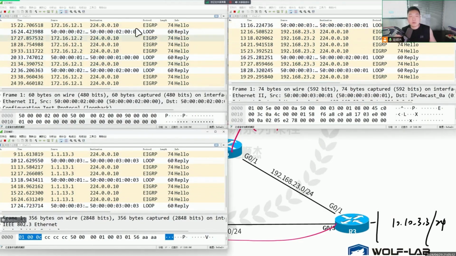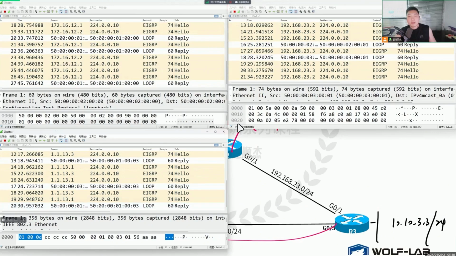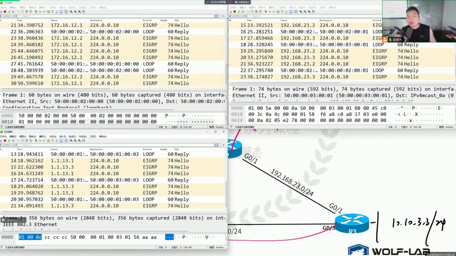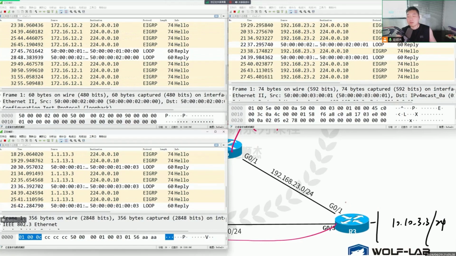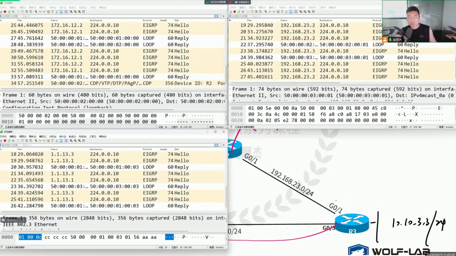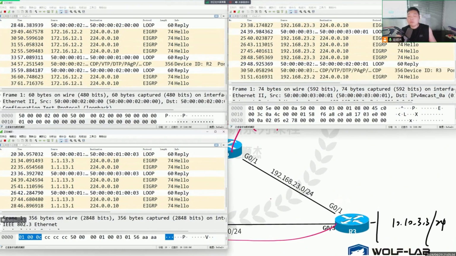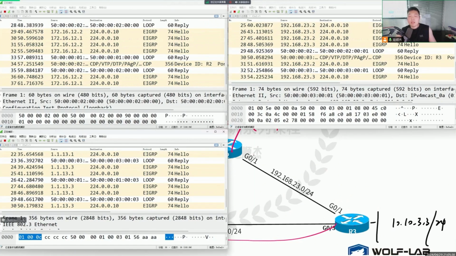We will send a query message to R3, requesting information for the 10.10.3.0 entry. Then R3 will reply ACK and reply messages. But R2 won't receive it, because we said it filtered here. R2 will receive the unavailability message of this entry. Then we will reply ACK to R1.